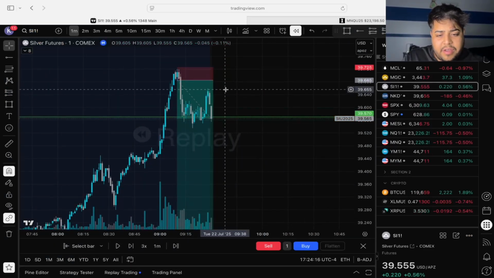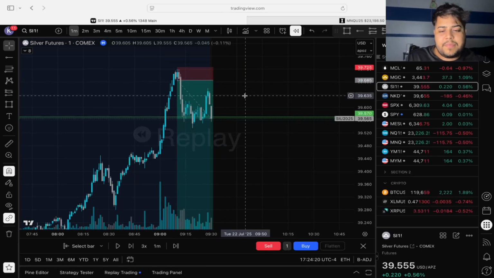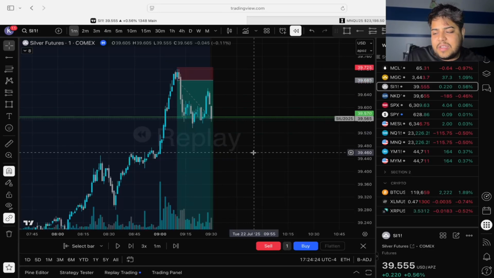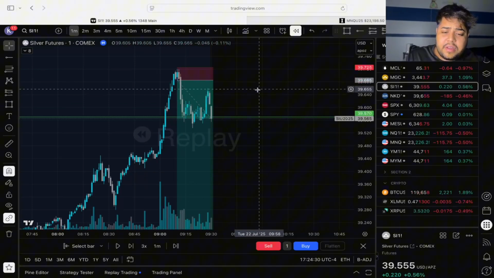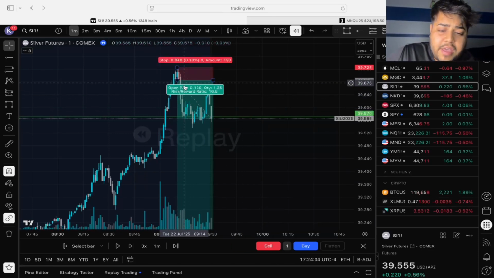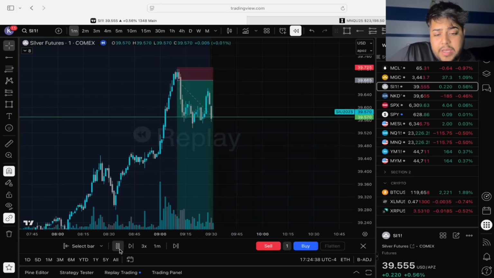Right here I was like, okay, it's gonna stop me out. Maybe I'll move my stop to break even, but I was like, no, just stick to your plan. You're good, because this is a fair value gap right here. It did react off of it, but I just don't like fair value gaps above the liquidity. I like them below.